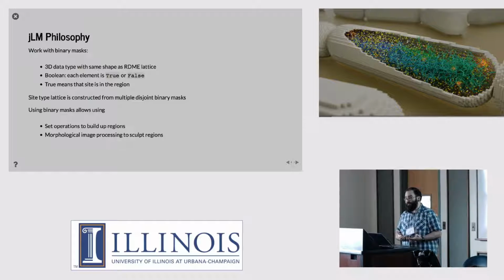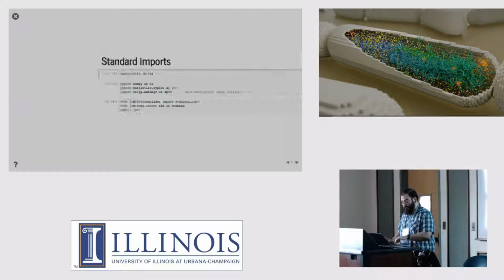What's nice about this method is we can use set operations to build up the lattice, as well as these so-called morphological image processing techniques to sculpt the mask. So we can shrink stuff, we can make things bigger, we can fill holes, that sort of thing, and that gives us a lot of power over what the geometry of the cell ends up to be.